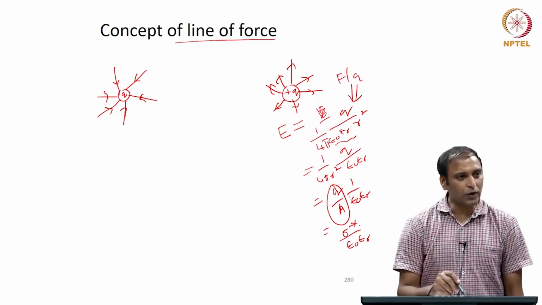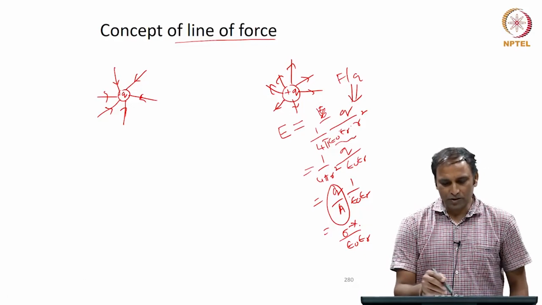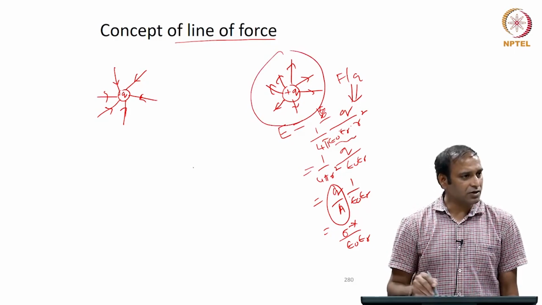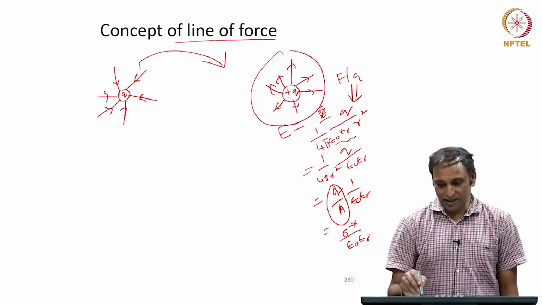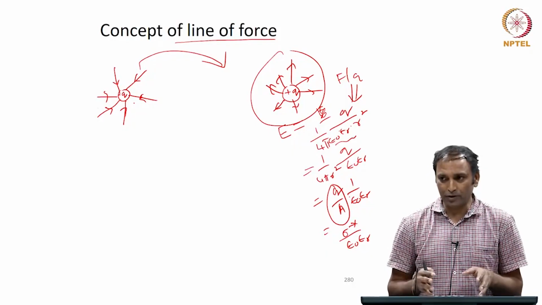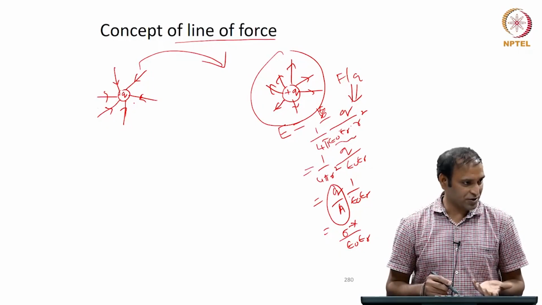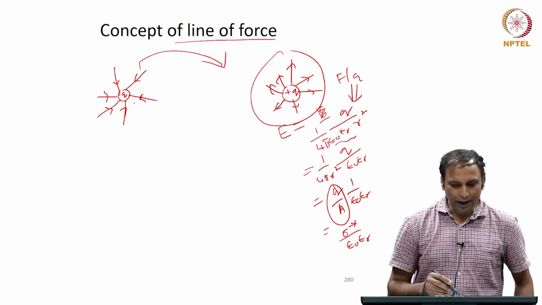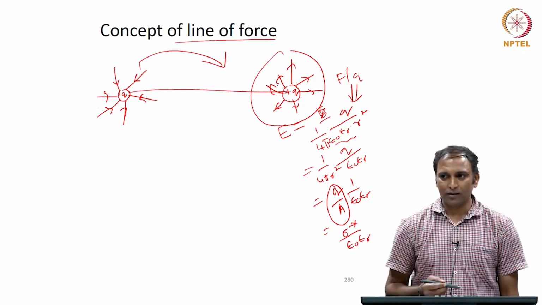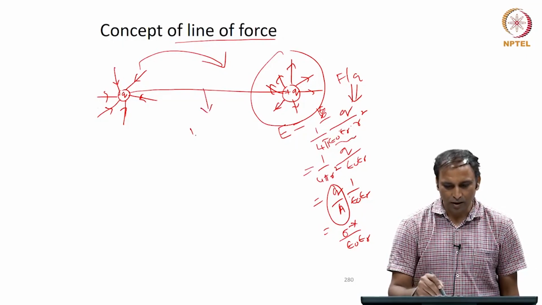Whenever we talk about this, the understanding is, if I bring in a test positive or negative charge near it, each of the charges is going to experience some force, and you can imagine that this force acts along some line. This is an imaginary line, and that is what is called a line of force.